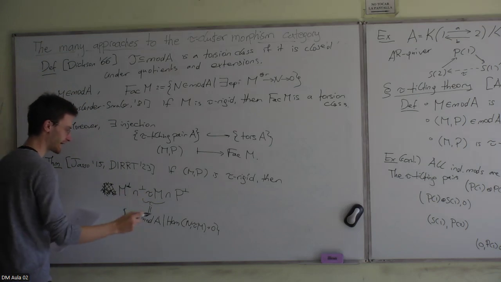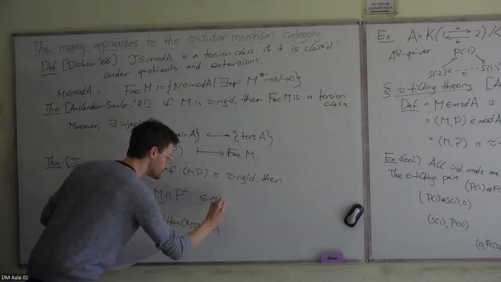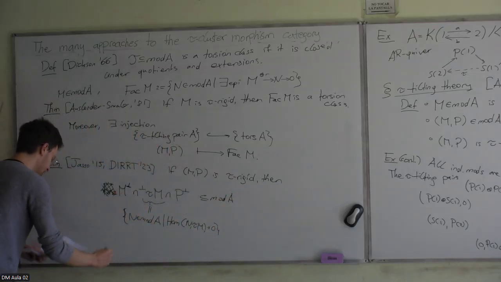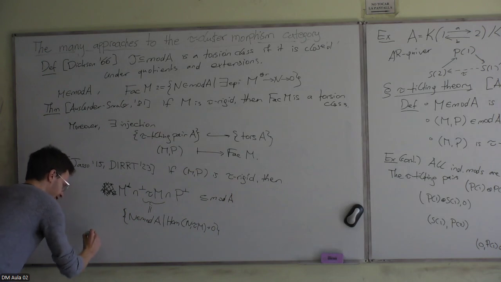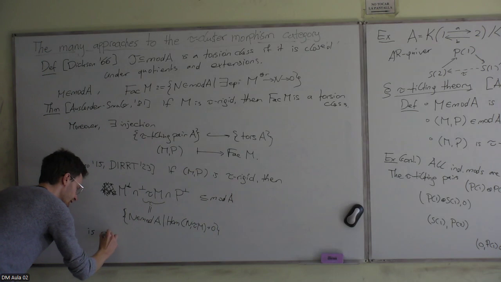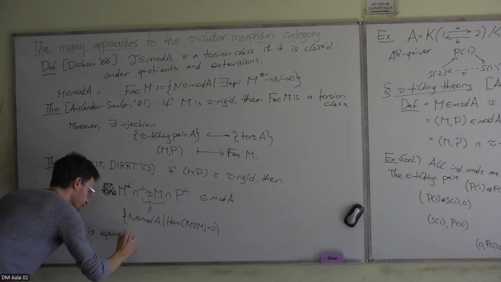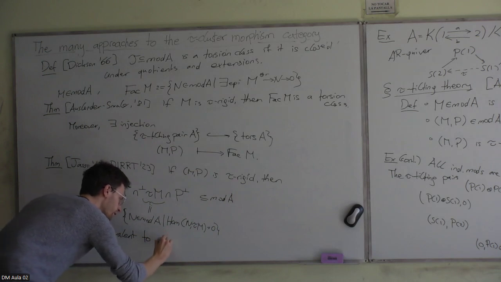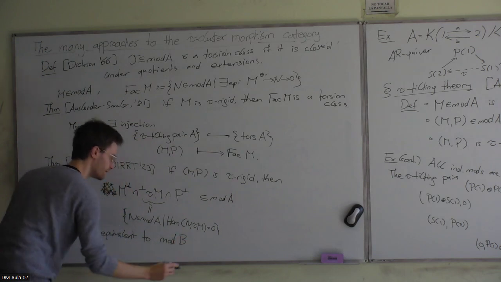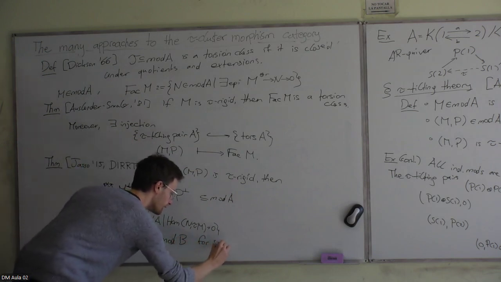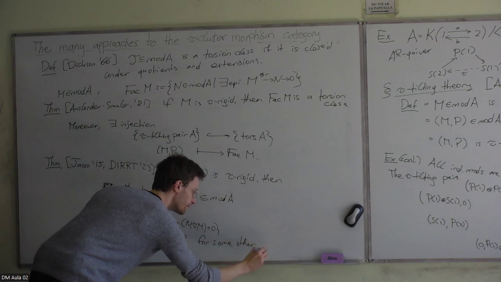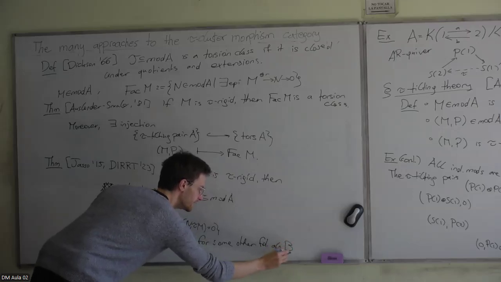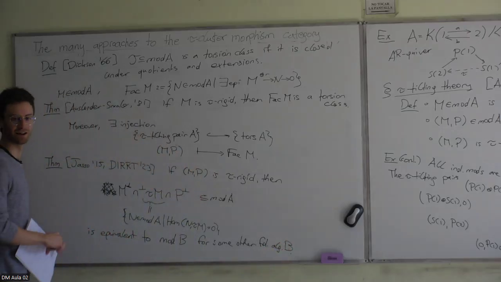this subcategory of mod A is called functorially finite wide, but what the important or interesting thing is, is that this is equivalent to mod B for some other finite-dimensional algebra B. And somehow these are the ones we're interested in.